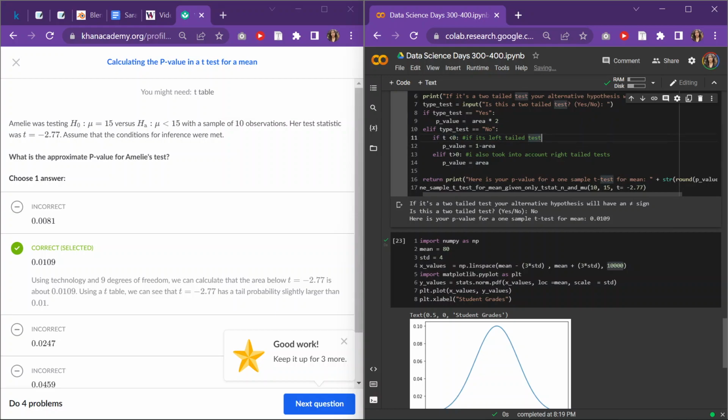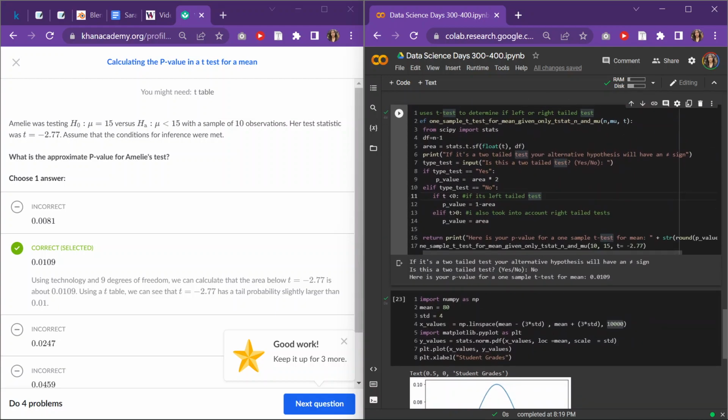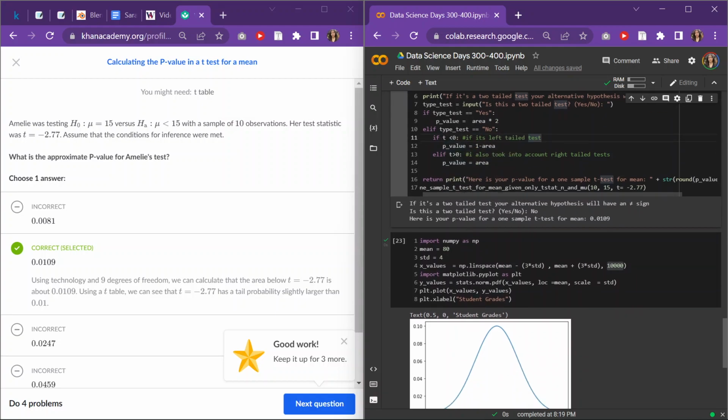And when t is greater than 0, it's a right-tailed test? That's weird. I don't think that's right. But then I did get the answer right, so what the heck?